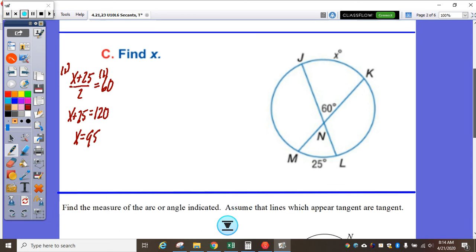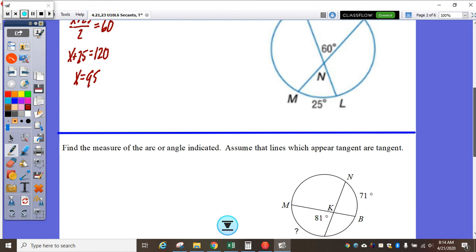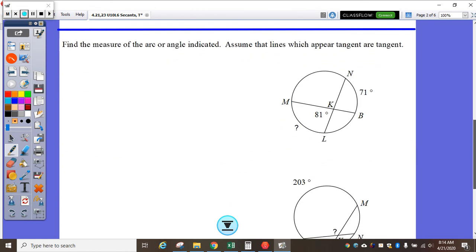The questions on the assignment will look very similar to this. So this is an example right here where I'm looking for the arc. So I would go ahead and take the intercepted arc of x plus the other intercepted arc of 71, and I'm going to divide it by 2 and set it equal to the angle measure of 81.